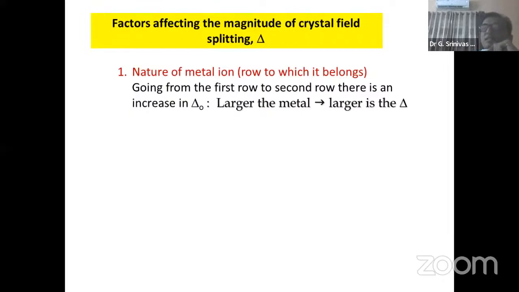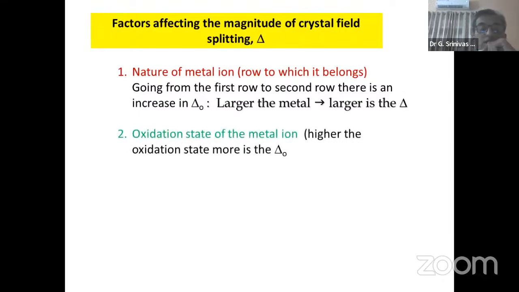Why? Because as the size of the metal increases, the shielding effect decreases, and the metal d orbitals are more open to the ligands. So they will attract more ligands, and the ligand field is more towards the metal orbitals. That's why the splitting is very high.